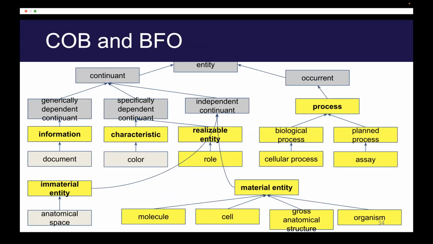So just to give you a sense of how COB is anchored within the more general BFO ontology, the nodes here in yellow represent COB classes, the nodes in dark gray represent BFO classes, and the lighter gray represent specific classes from some of these individual ontologies.